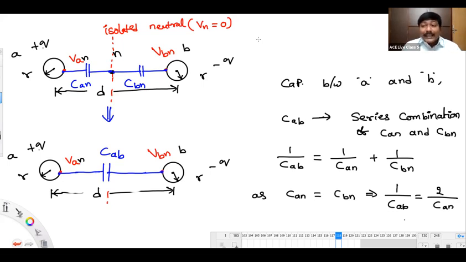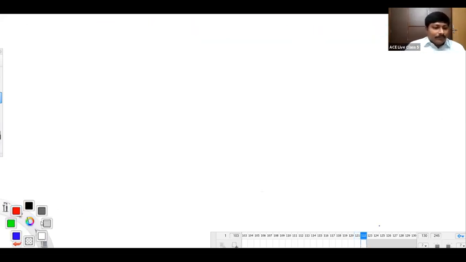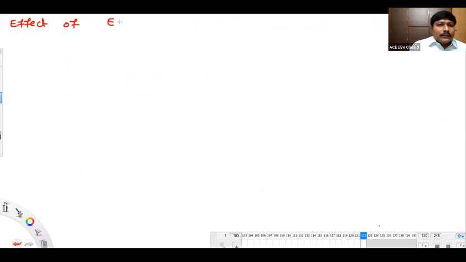So, with the effect of ground, how is the capacitance calculation and what capacitance value are we going to extend further? Our next heading is effect of earth in capacitance calculation, single phase two wire system only, in brackets.